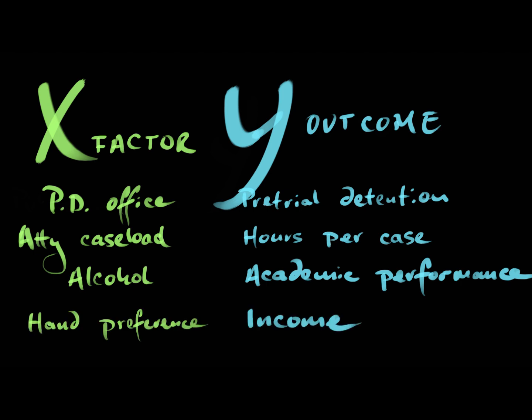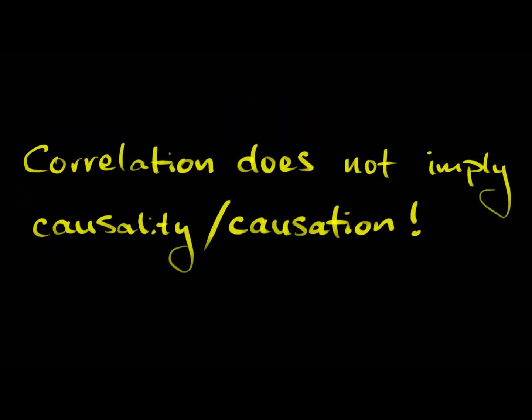And then finally, hand preference and income. I'll keep that simple. But there's always this X factor that impacts an outcome. We're always setting up our research questions that way.